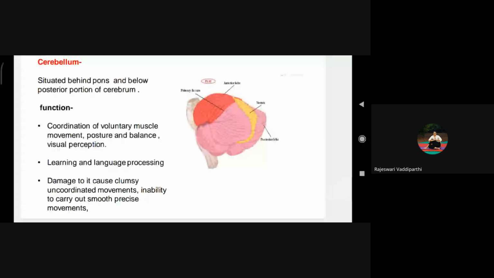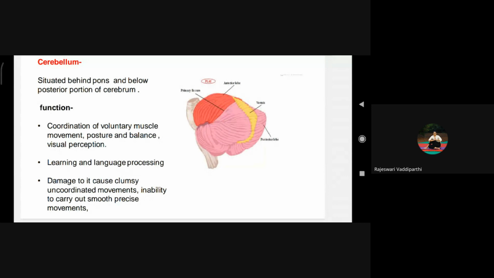Cerebellum is situated behind pons and below posterior portion of cerebrum. So what are the functions of cerebellum? It coordinates voluntary muscle movement, posture and balance and visual perception.